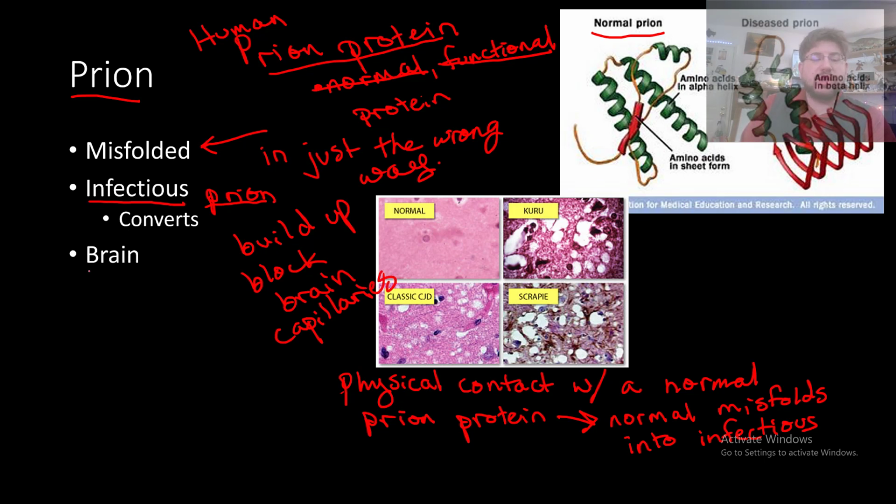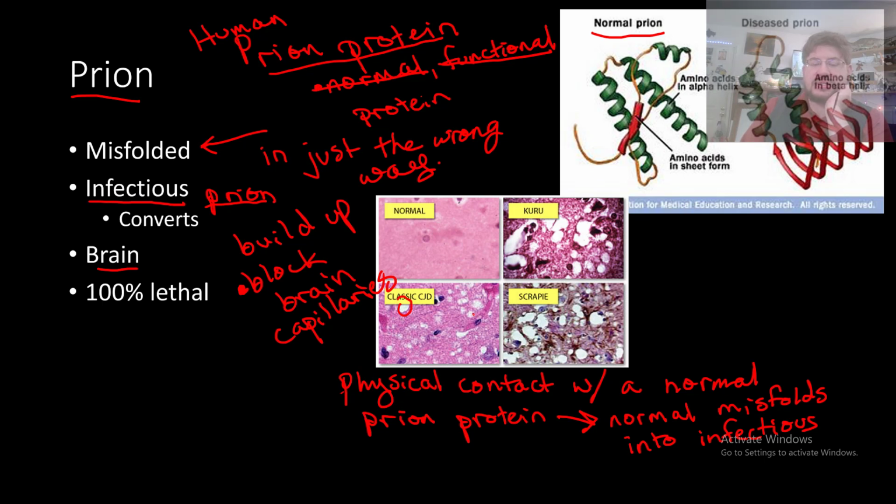So they build up in the brain, blocking those very, very small brain capillaries and starting to kill brain tissue. Anywhere you have a buildup of these proteins, you get the death of brain tissue.